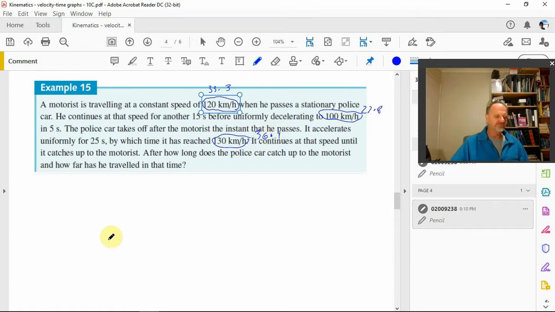All right, so let's have a look. A motorist travelling at a constant speed of 120 when he passes a police officer.